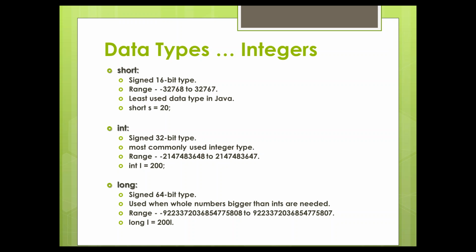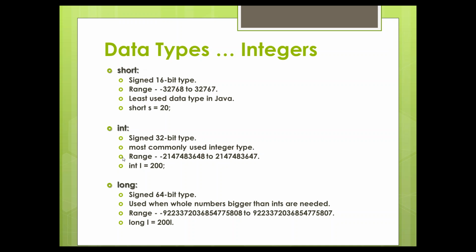Next is our int data type. Like short, you can declare variables of type int using the keyword int. That is the keyword that we use to declare a variable of a particular type. So int is a data type that is 32 bits long.